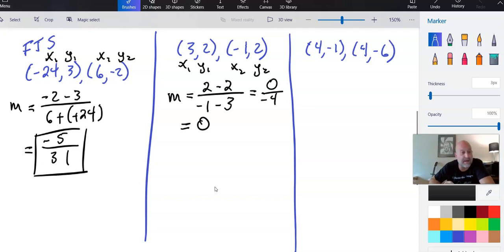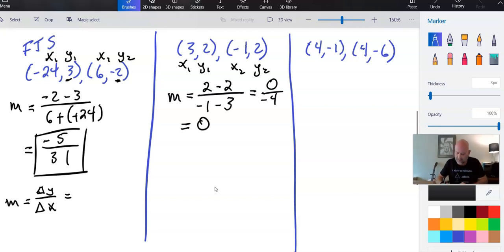Now, I just want to point this out too. If you look at it in terms of a change in y and change in x, a lot of the time you can just see this instead of doing the formula. If I'm going to look at my change in y, I imagine a number line, and I look at the 3 and the -2.